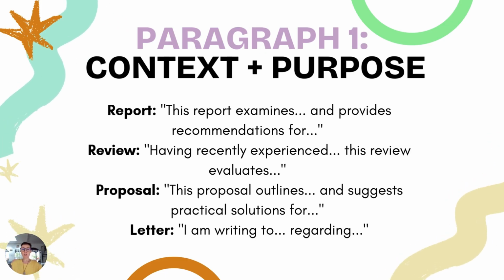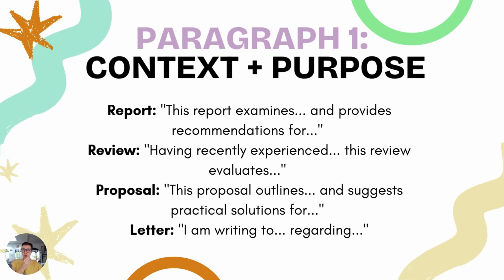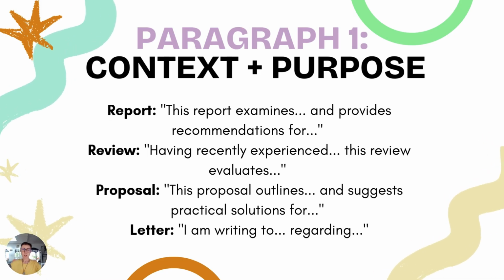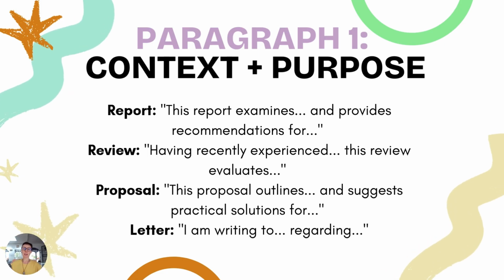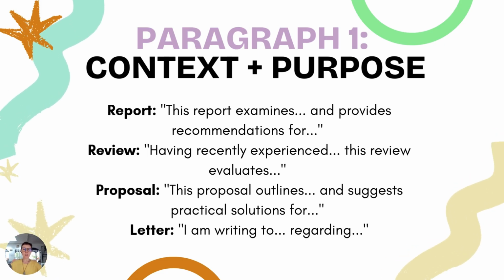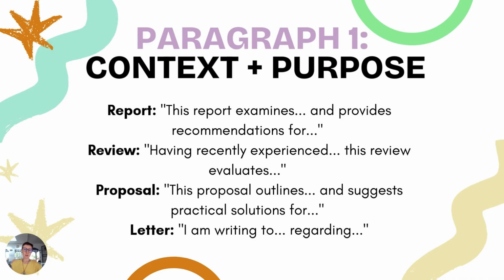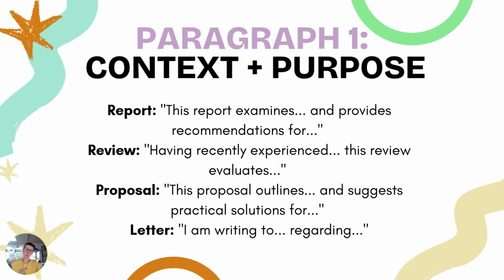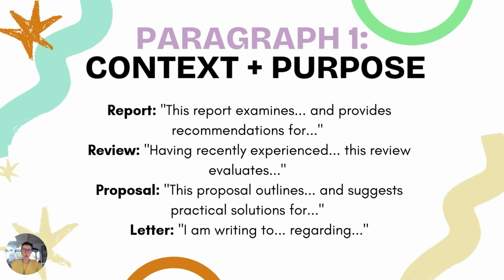Having recently experienced the amazing Thai restaurant in town, this review evaluates. Your proposal. This proposal outlines and suggests practical solutions for. For your letter, I'm writing to regarding what? So your first paragraph is laying out who you're writing to and what you are writing for.